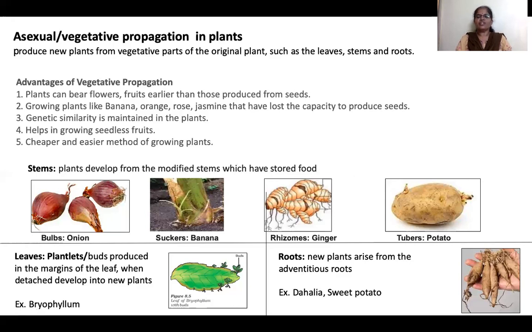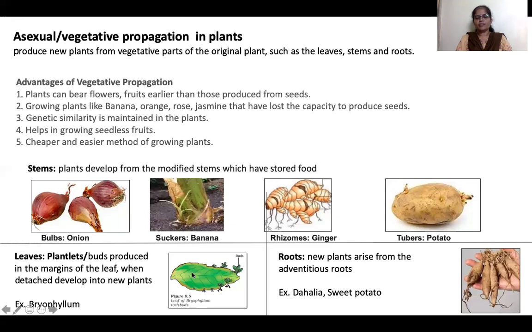Now, leaves in the ಯಾವ plants ಬರುತ್ತೆ? This is a picture called bryophyllum. Bryophyllum leaf ಇದು. ಆ edges, marginally plantlets, new buds or plantlets ಆಚೆಗೆ ಬರುತ್ತೆ. ಈ ಪ್ಲಾಂಟ್ಲೆಟ್ಸ್ ಏನಾದರೂ ಇದರಿಂದ ಉದುರಿ ಕೆಳಗೆ ಬಿದ್ದರೆ, ಸಾಯಿಲ್ ಒಳಗೆ ಬಿದ್ದರೆ, each plantlet will become a new individual.